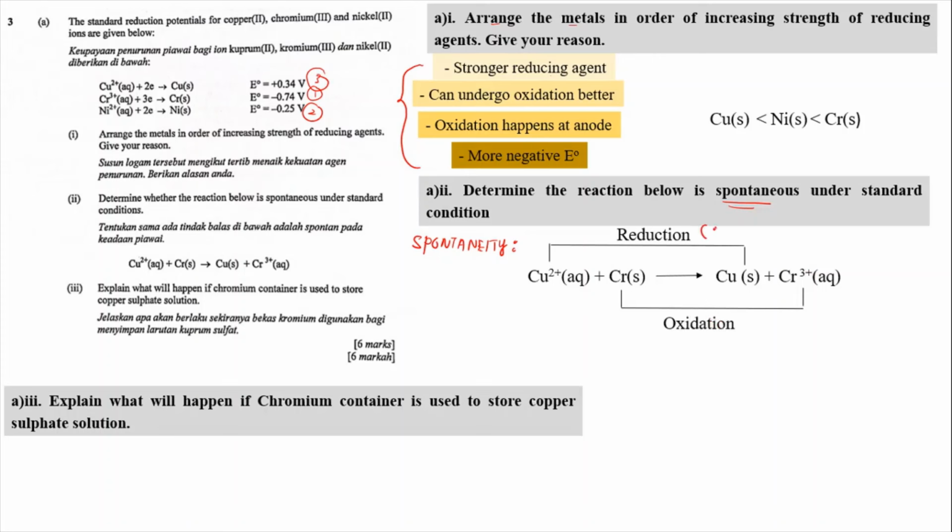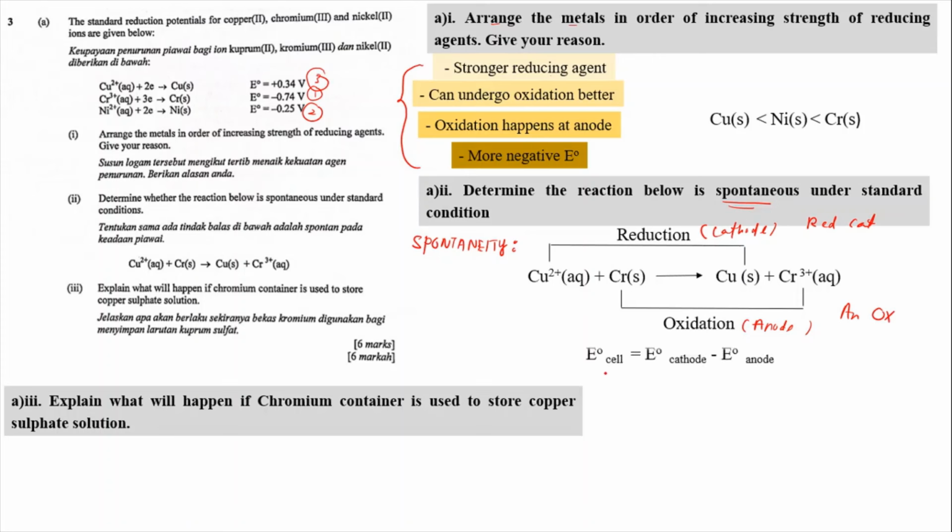Reduction happens at the cathode, and oxidation happens at the anode.